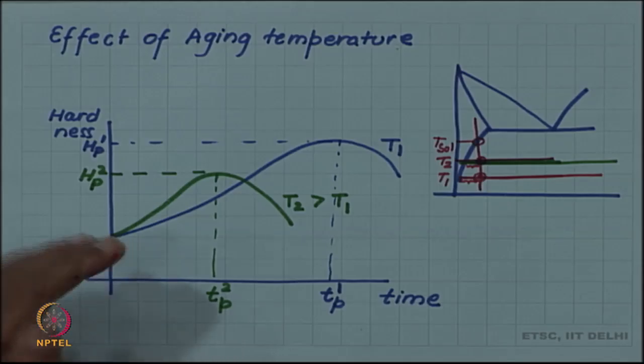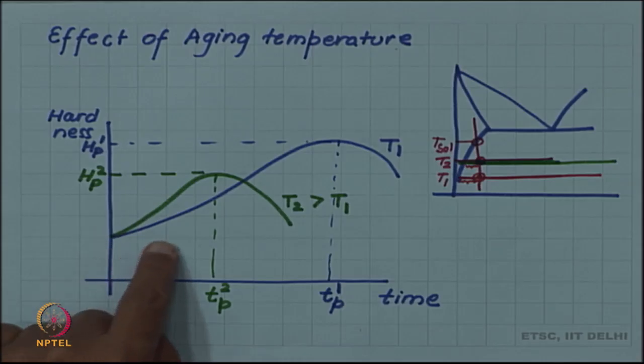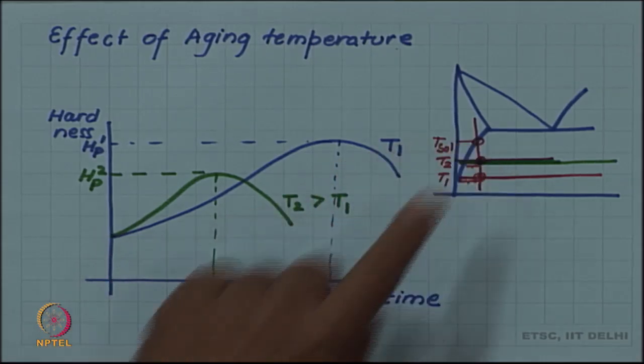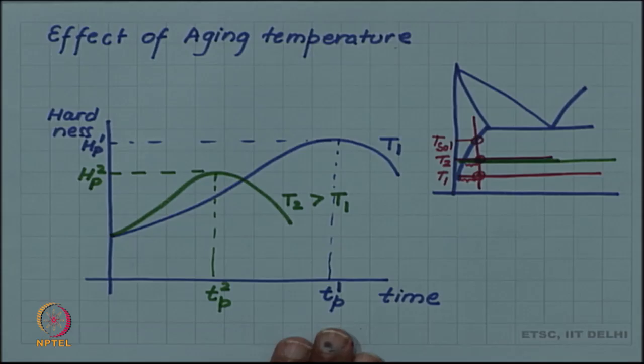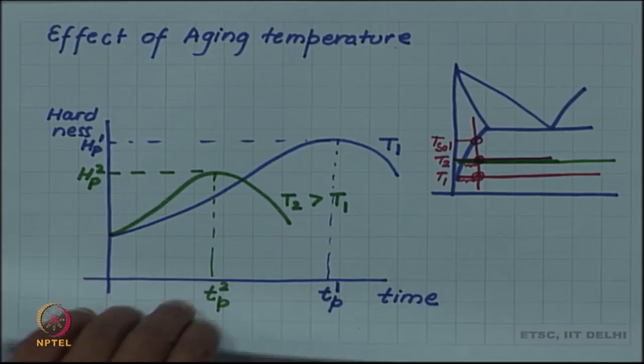And if you try to achieve too much hardness, then you will have to do it at a much lower temperature, where the time for hardness achievement will be much larger. So, you can optimize the two parameters, so that you have a reasonable hardness in a reasonable time.